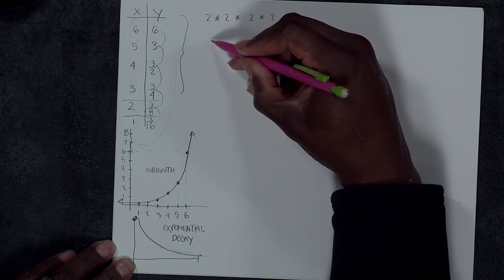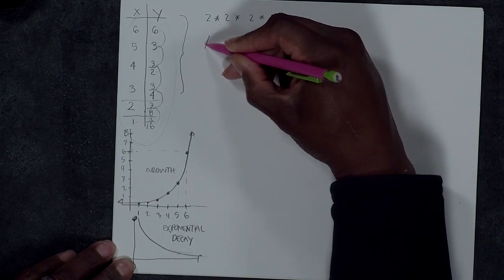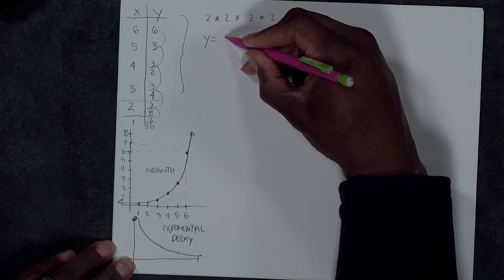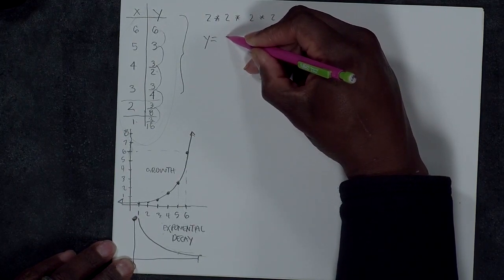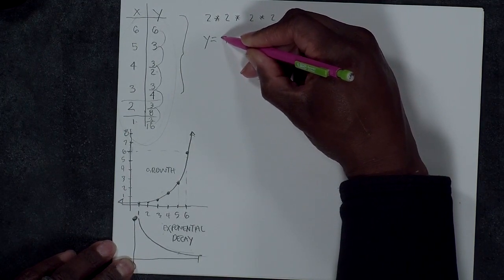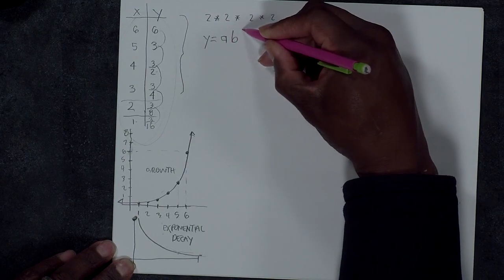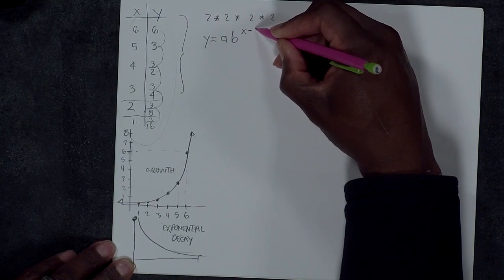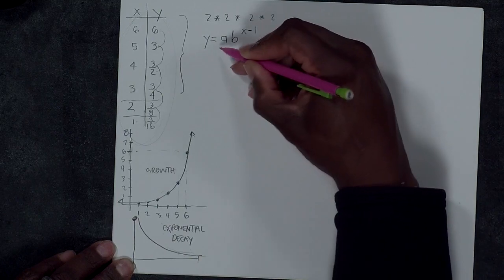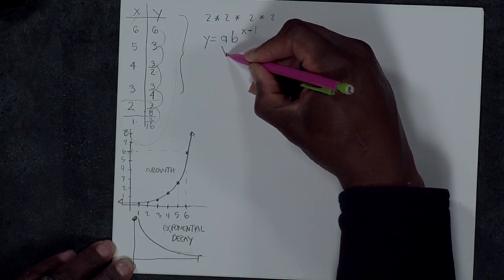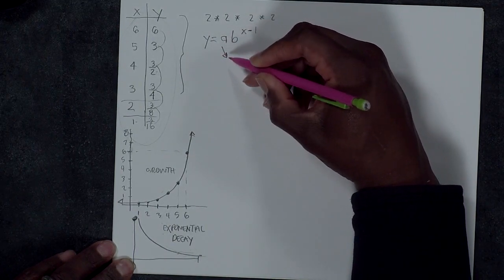It turns out that the way you model that is you have y is equal to, let's just call it, a times b to the x minus 1 power, where a represents whatever your first term is.